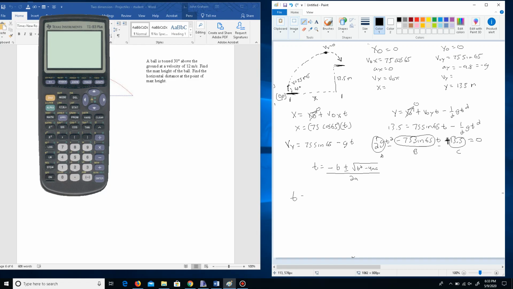So T is equal to, this is negative, so it'll be 75 sine 65 plus or minus the square root of 75 sine 65 squared minus 4 times A, which is 1/2 times 9.8, times C, which is 13.5, all over 2 times A, which is just going to end up being 9.8.